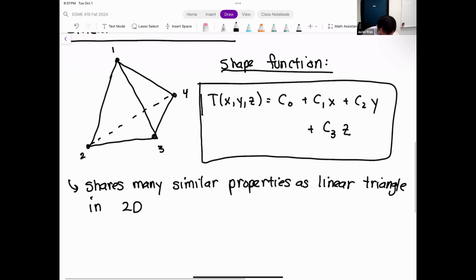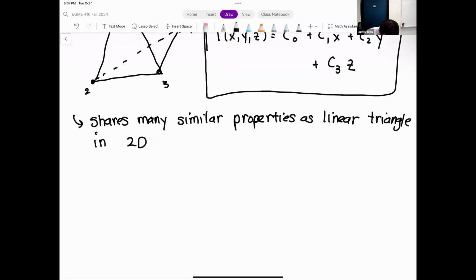The main beneficial property of the linear tetrahedron is that it has what's called the simplex property. The simplex property basically states that you can use a tetrahedron and it's going to produce a valid mesh for you 99% of the time.